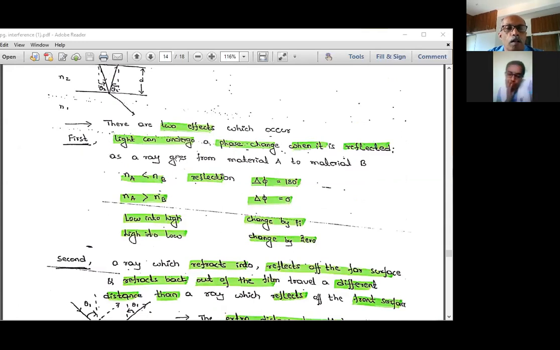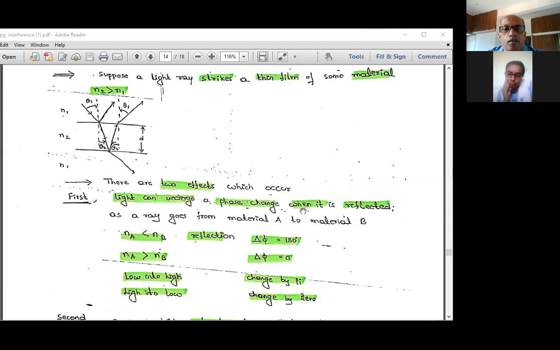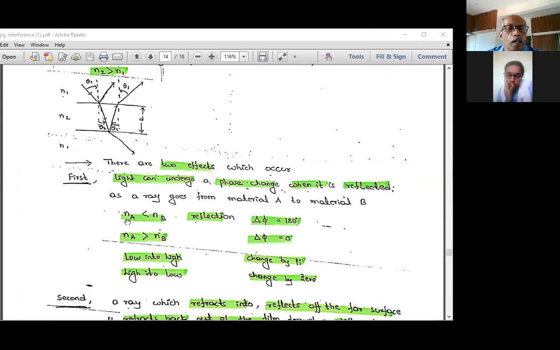First effect, a phase change when light is reflected. Light will undergo a phase change of 180 degrees when it is reflected at the surface of a denser medium, right? Yes, and therefore, NA is greater than NB, it should be N1 less than N2, in the sense N2 is greater than N1.